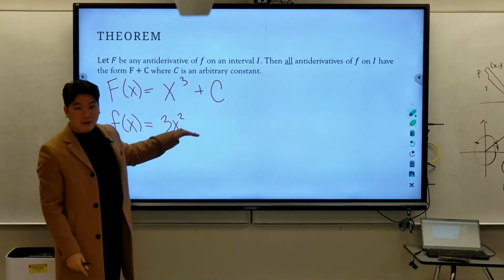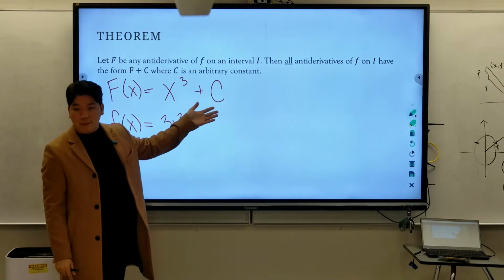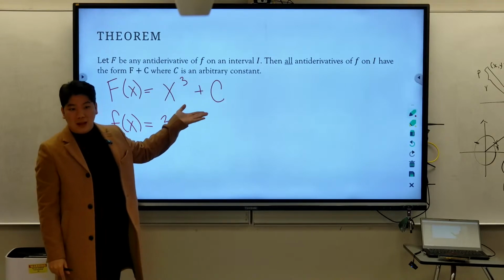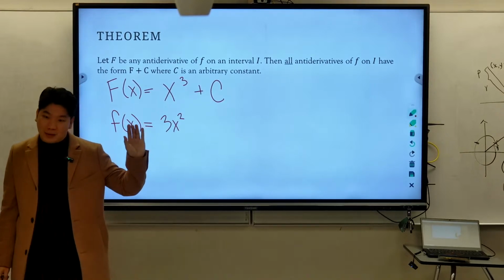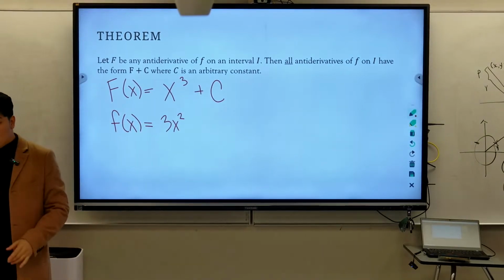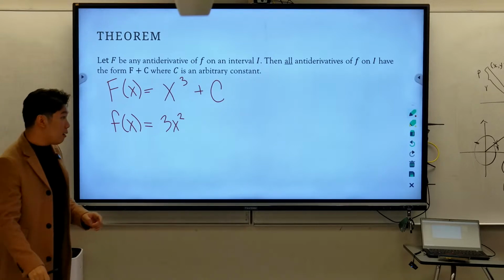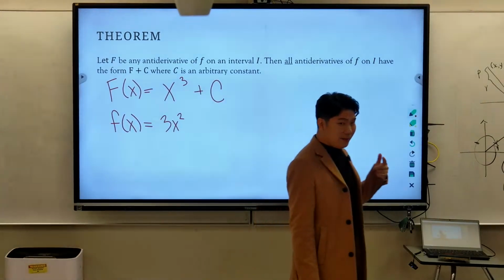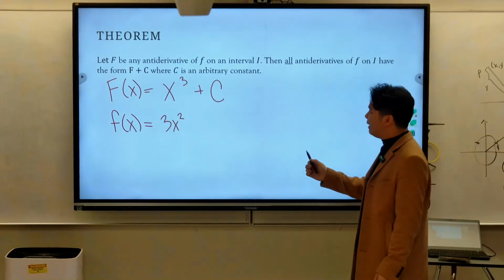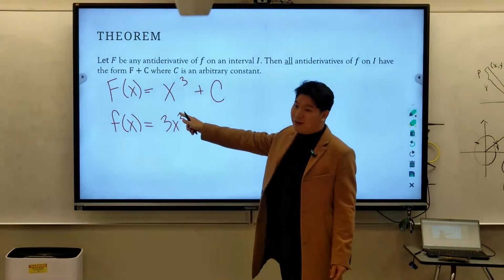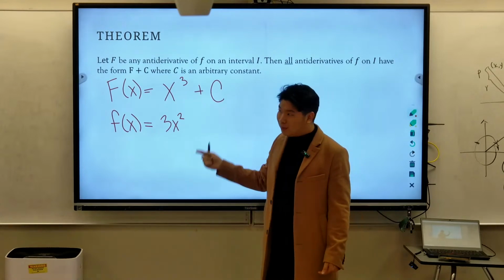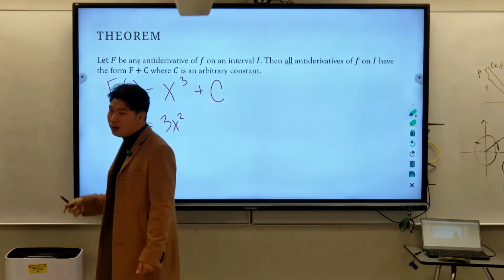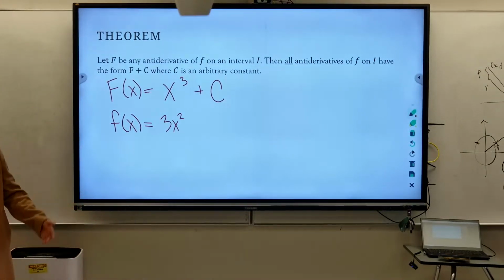So if I started off right here, I didn't know if I had x cubed plus 4 or just a plain x cubed. I knew I had an x cubed, but I didn't know if there was a constant involved in there, because the derivative of a constant is 0. So that tells me that all of my antiderivatives of 3x squared should look like x cubed plus a number. Again, right now we don't care what that number is. I just know it could be plus a number, or it could be plus 0 also.